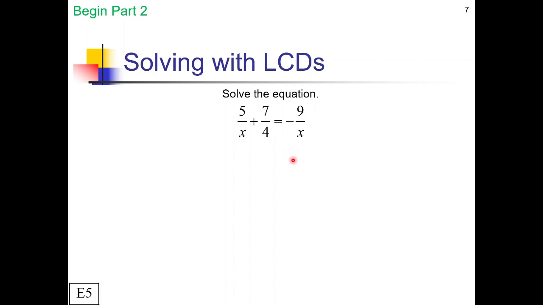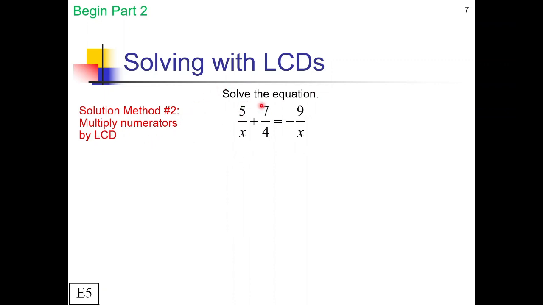Another way to do this that's a little bit faster though is actually just to find the LCD and multiply all the numerators by that LCD. The reason this works out so well is because the LCD is divisible by all the denominators. That's how we built it, by taking the factors of the denominators and throwing them all together into this LCD.